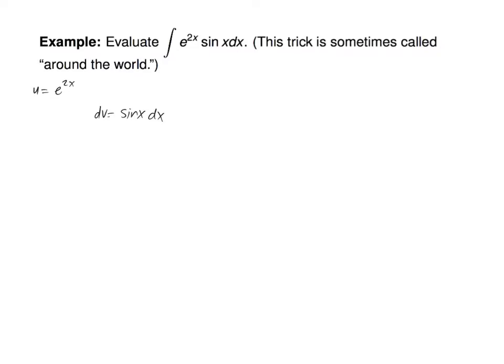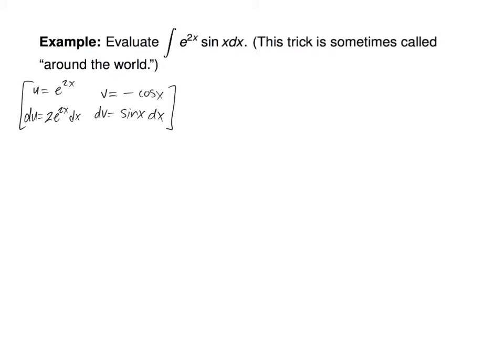So what's the derivative of e to the 2x? 2e to the 2x, okay. And what's the antiderivative of sine? Negative cosine. Give me a second.